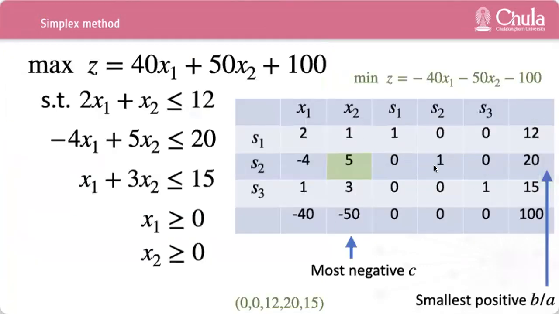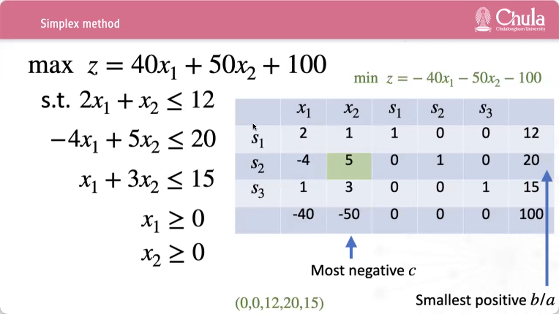As I mentioned to you, because we have only 3 conditions and 5 variables, those 5 variables can be classified into basic variables and non-basic variables.